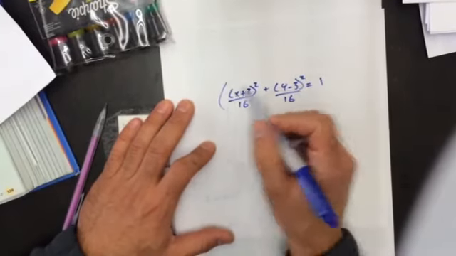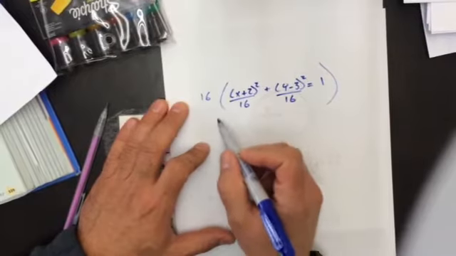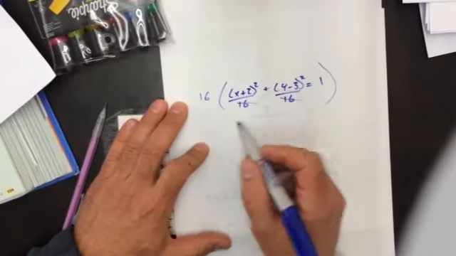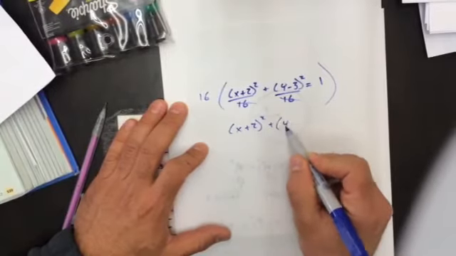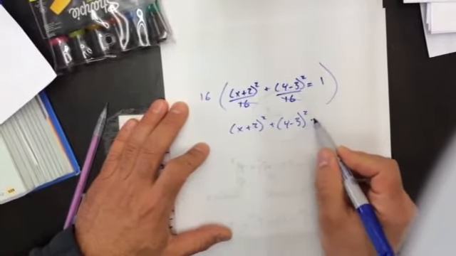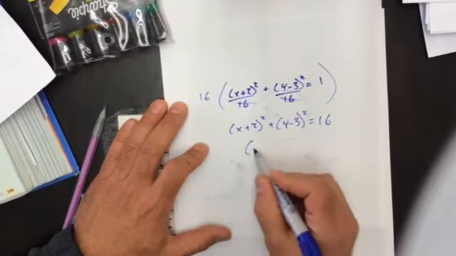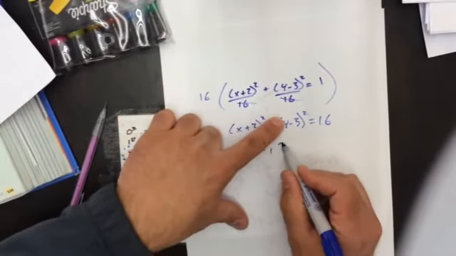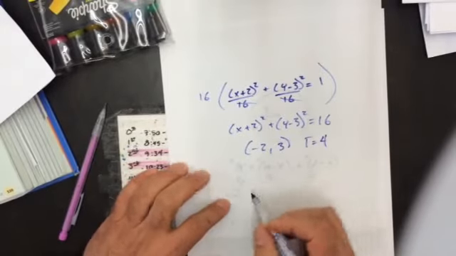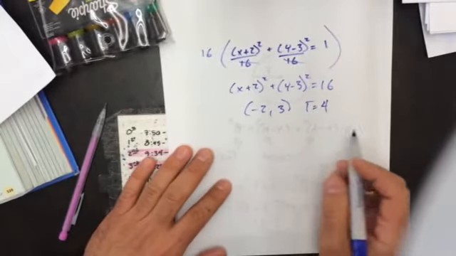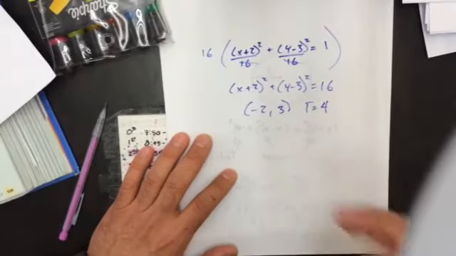Well, notice if I multiply this whole entire equation by 16, it cancels this and this. So really what happens is I get x plus 2 squared plus y minus 3 squared equals 16. So my center is at negative 2, 3. And my radius is the square root of 16, or 4. So that's the best I can do to trick you on these guys. Nothing else I can really do.